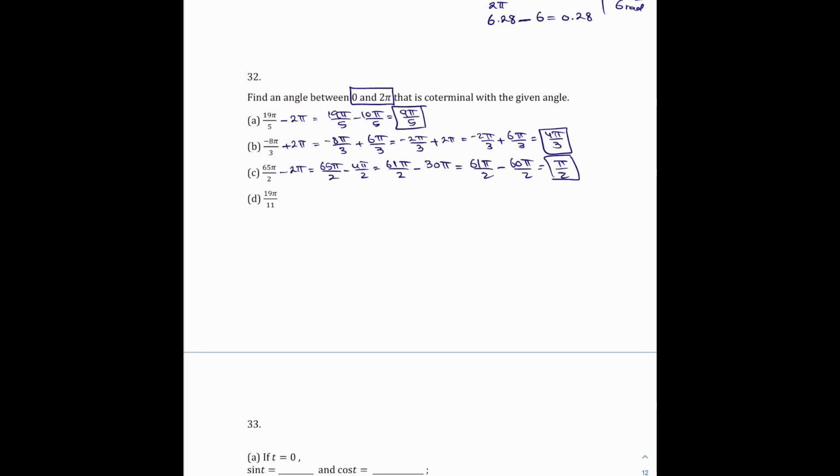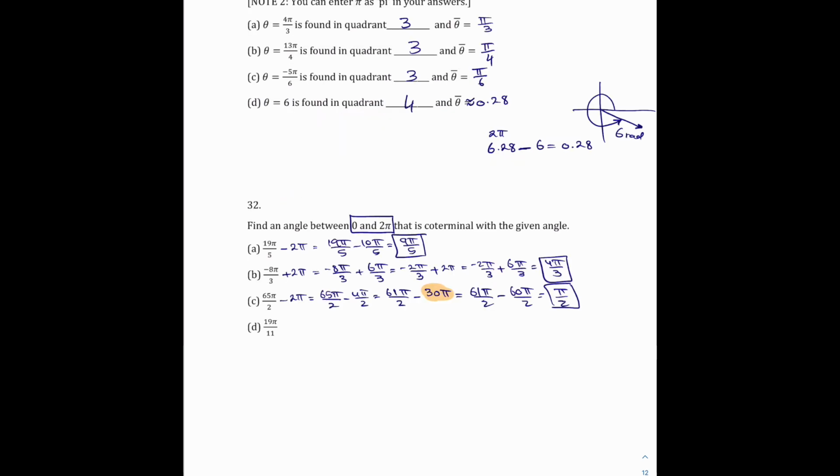Just because 65 was a big number, I opted to remove multiples of 1 revolution. 19 pi over 11, that is less than 2 pi. So since this is less than 2 pi, it is coterminal to itself.